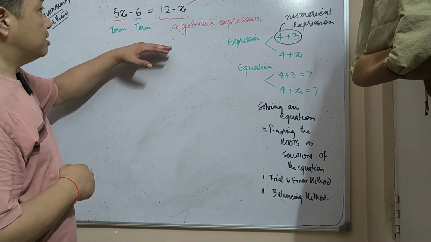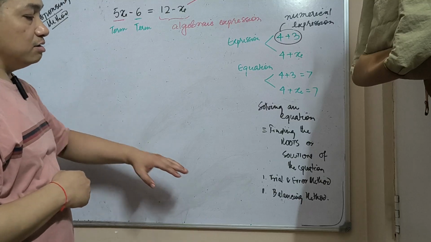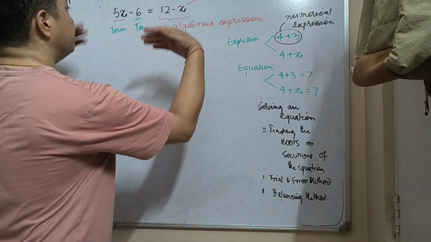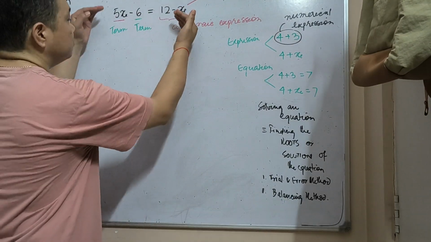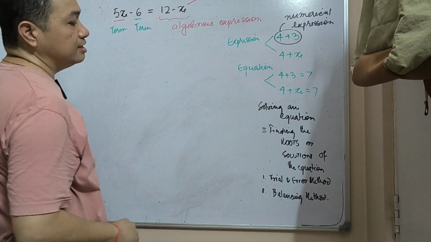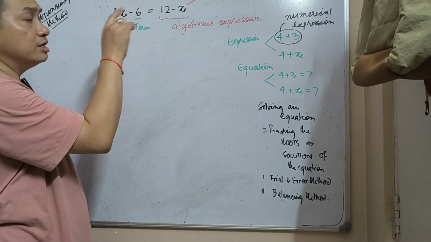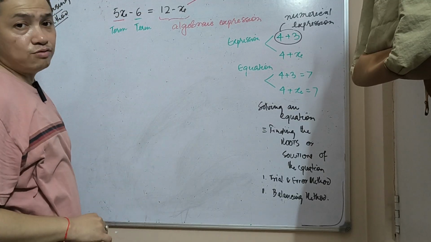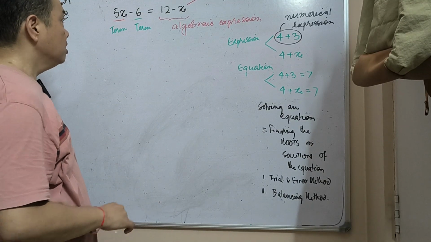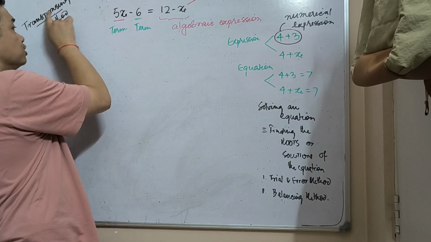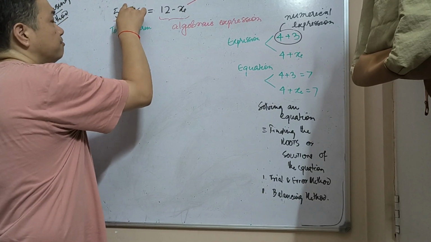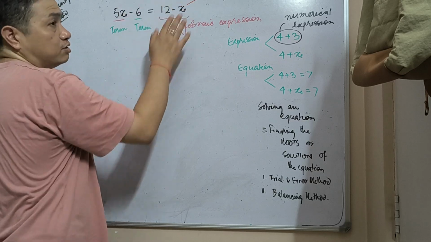In this method, while solving, either in the balancing method, where we add the same number on both sides or subtract the same number from both sides, we will introduce another method called the transposing method. When do we use this transposing method? When we find that the variables are on both sides of the equation.